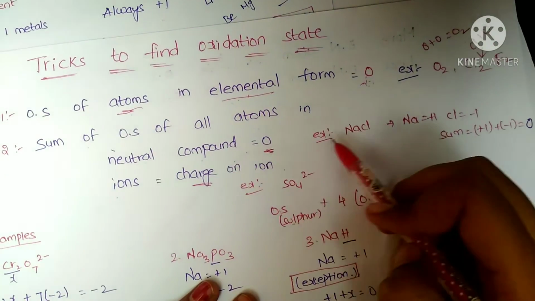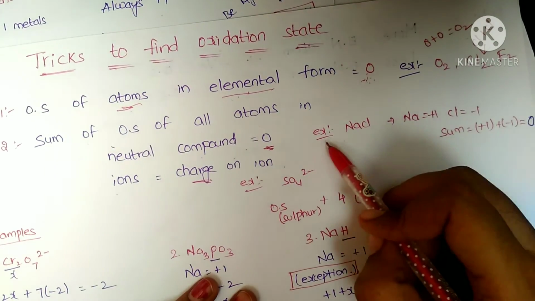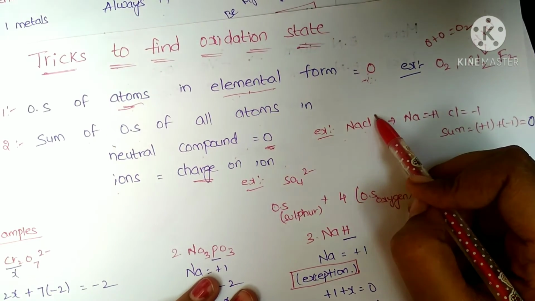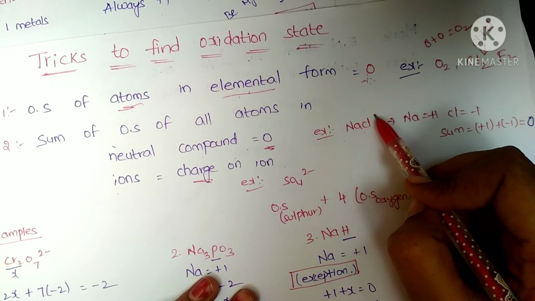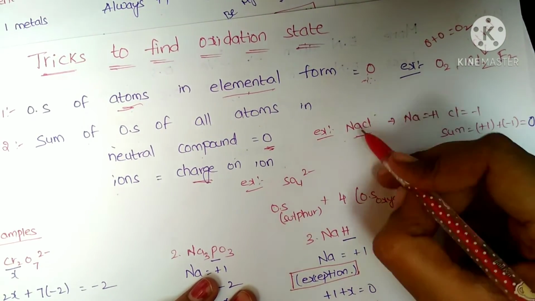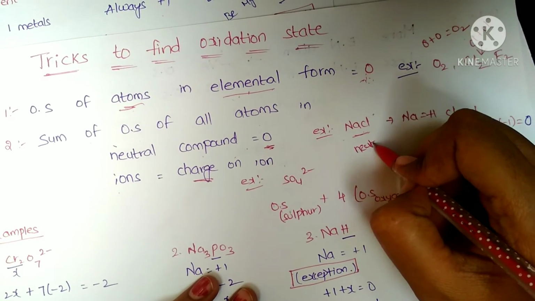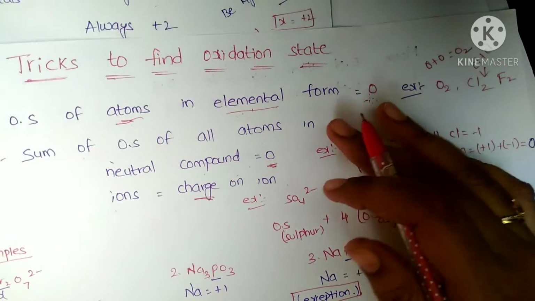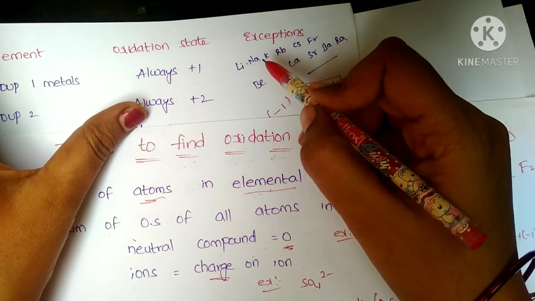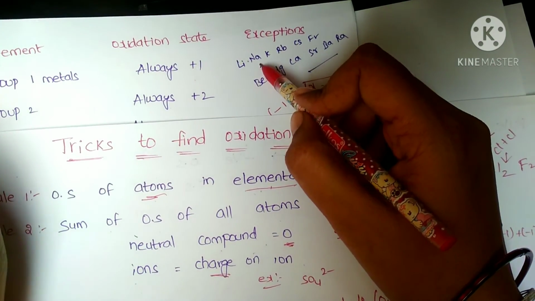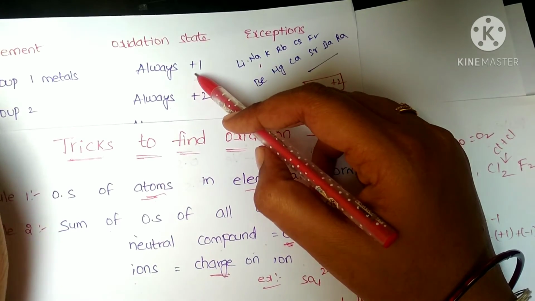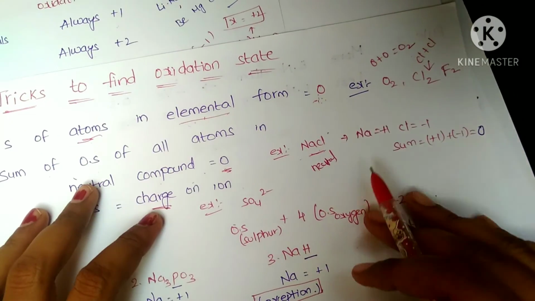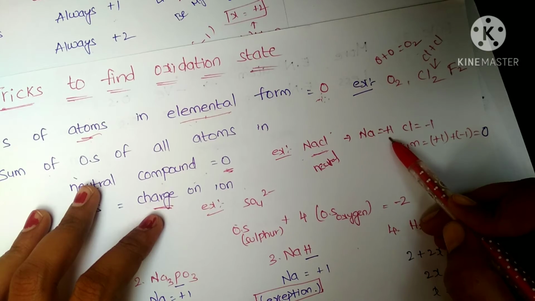If you consider one example for a neutral compound, let it be NaCl. Here no plus symbol is there and no minus symbol is there, so that is the reason we can say it is a neutral compound. If you remember, we discussed sodium under first A group elements. First A group always has the charge of +1, so the sodium charge is always +1.